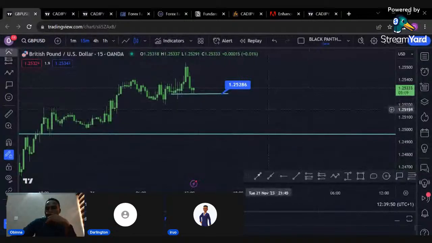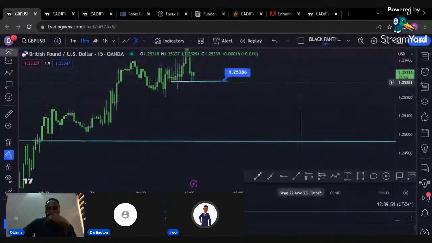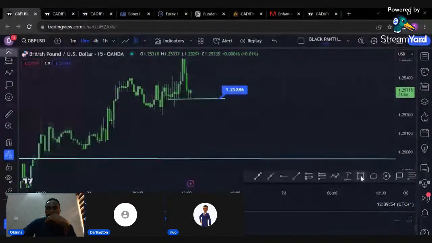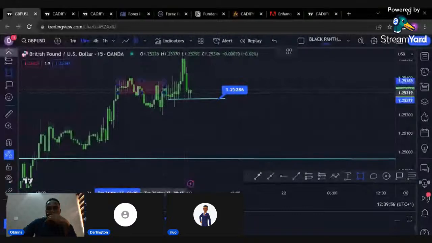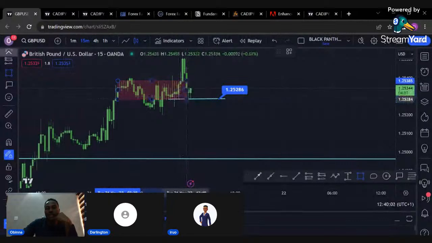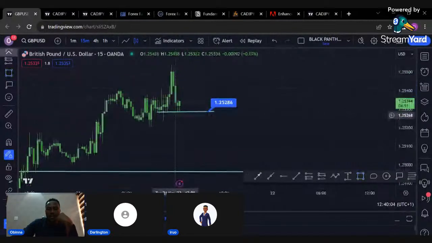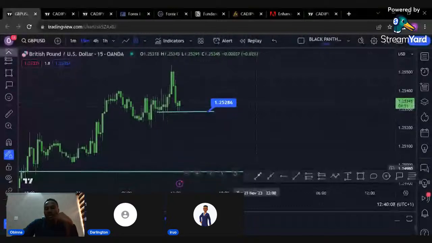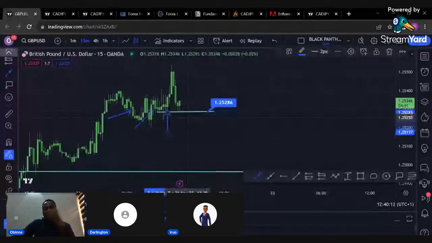Now GBPUSD, this is the higher low. As long as you are seeing a lot of weak rejections around here, it means that there are a lot of orders around here. People are looking for buys around here. So how do I know that this is a higher low?